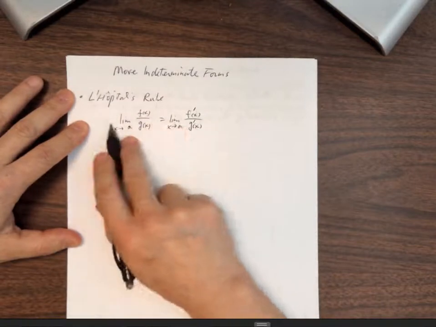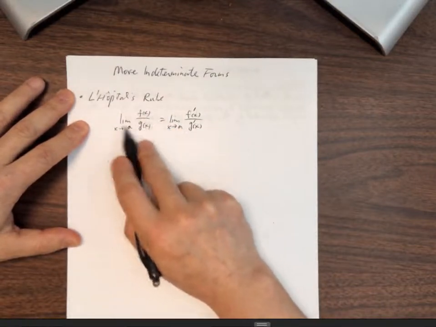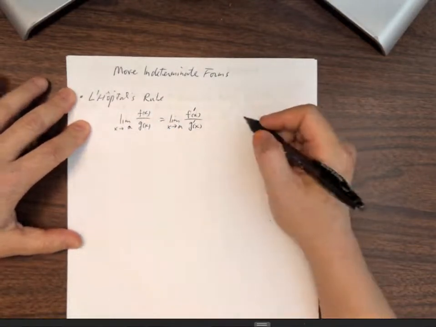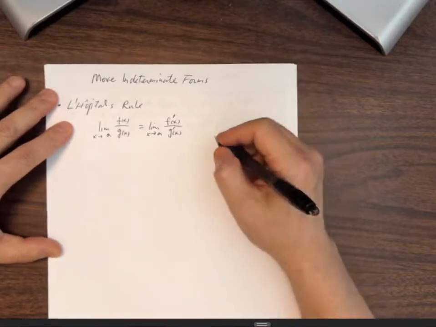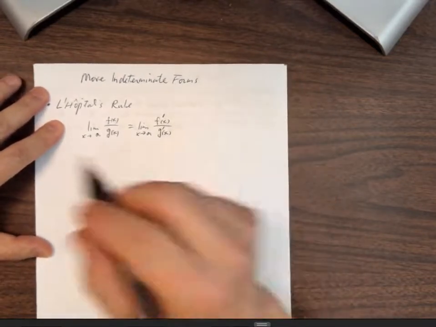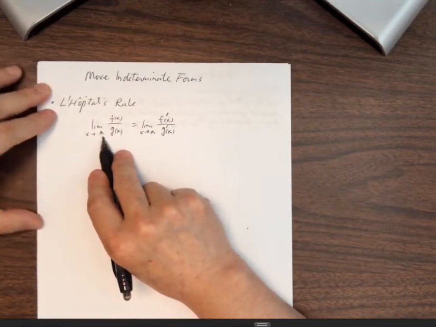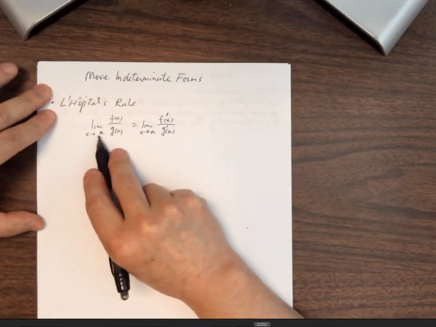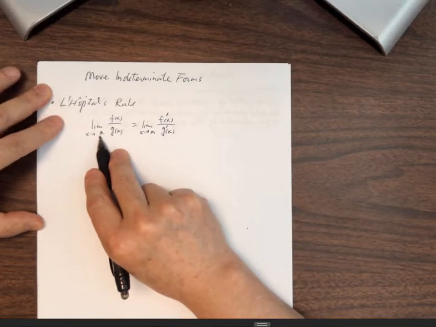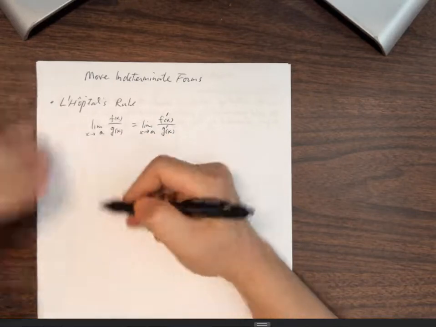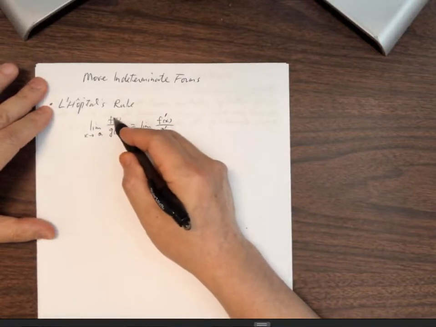We cannot do this for any limit. The original limit has to be an indeterminate form. In this limit, if we estimate when x approaches a, most of the time we try to plug in a for x.